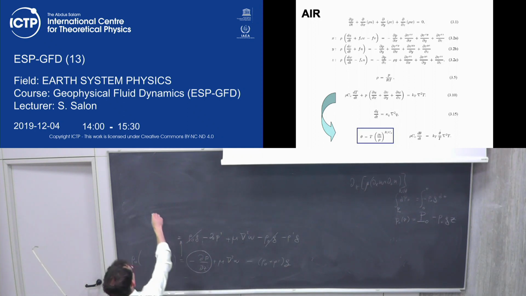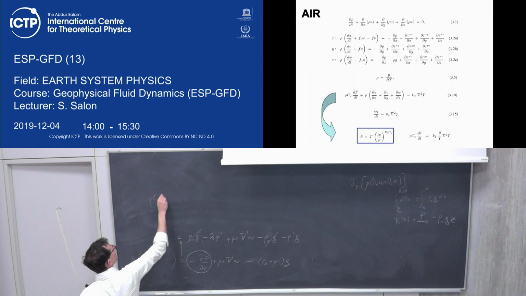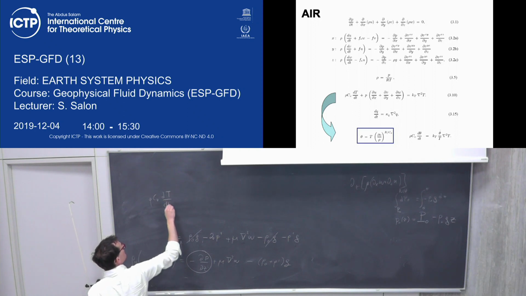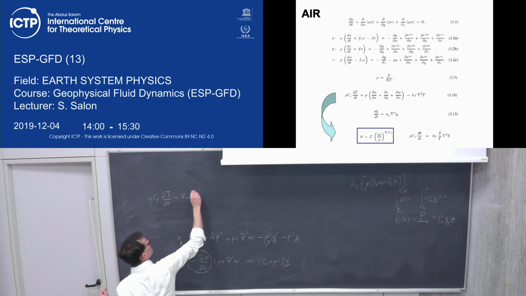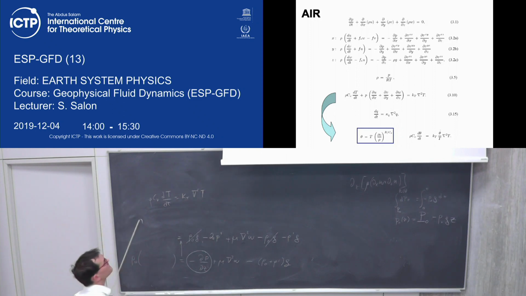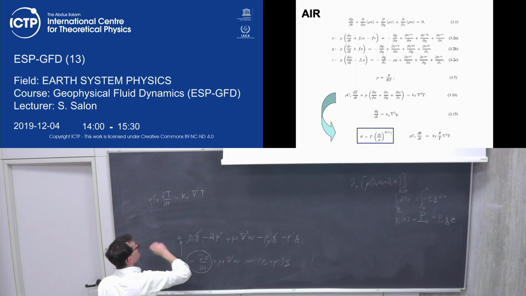So we just remain with rho CV dT/dt equal... So we just reduced it to a very similar equation for the diffusion of temperature.